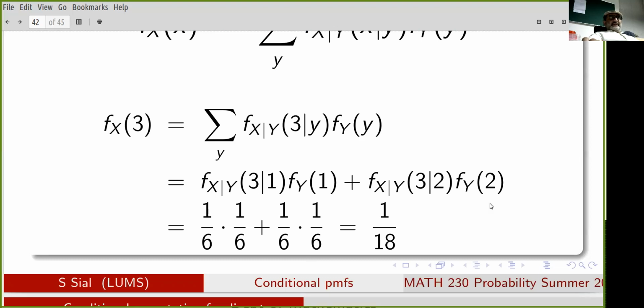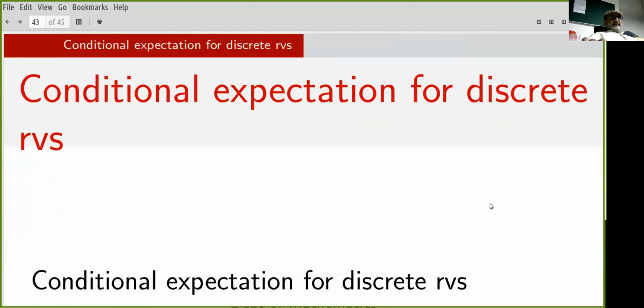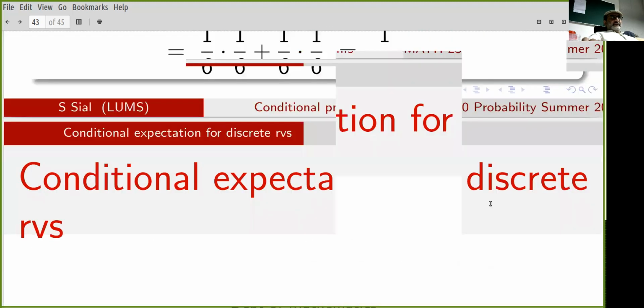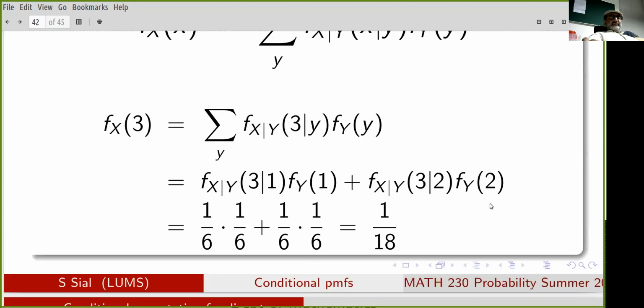So it's 1 over 36 plus 1 over 36, which is 1 over 18. Okay, so that's how to get a few results for the marginal PMF from the conditional or joint PMFs.